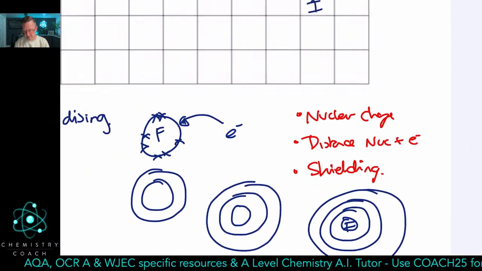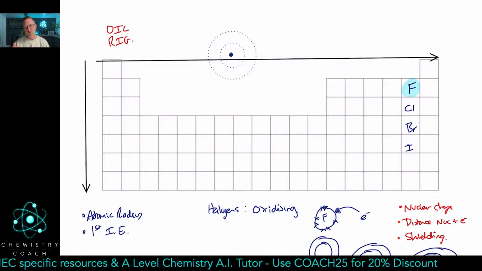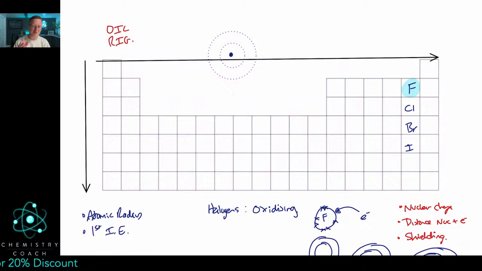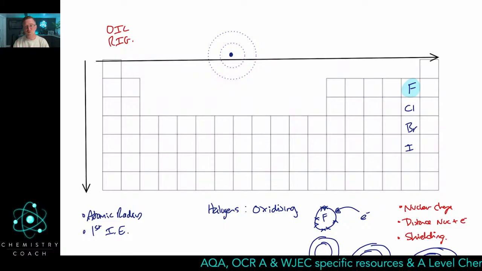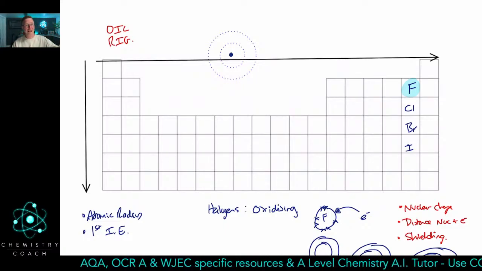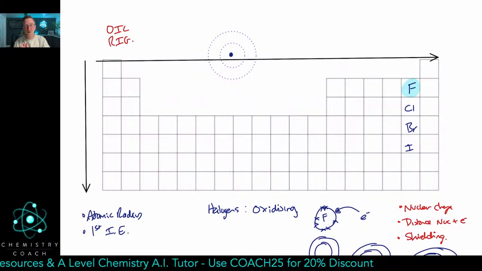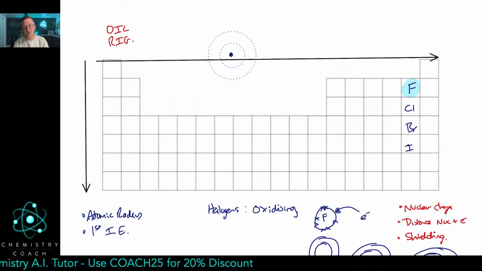So knowing your atomic structure, and the trend in atomic structure, it just makes other trends make sense. So in terms of an oxidizing agent, fluorine is the best because it's got a low amount of shielding, it's got a strong attraction between the nucleus and whatever electrons coming past, it attracts it really, really strongly. So that's why it's a really good oxidizing agent.